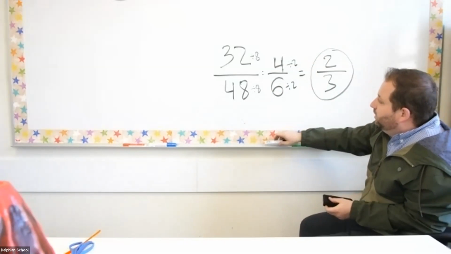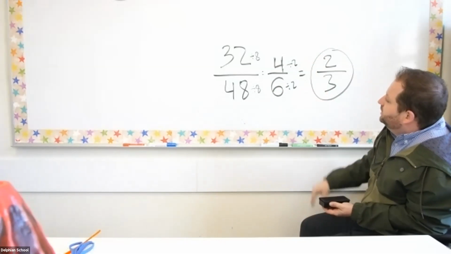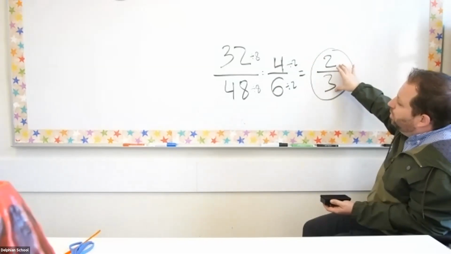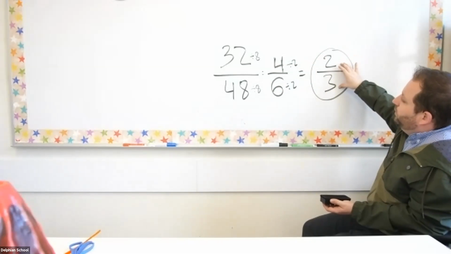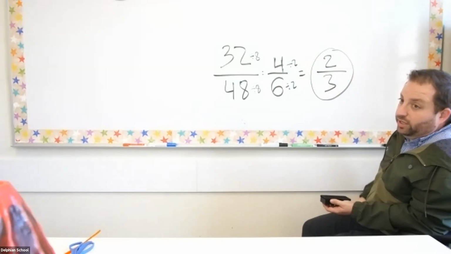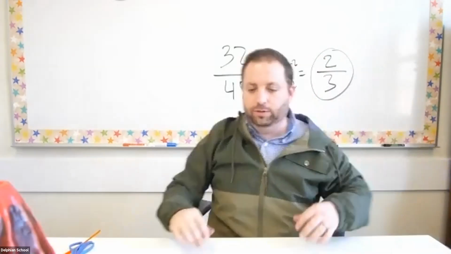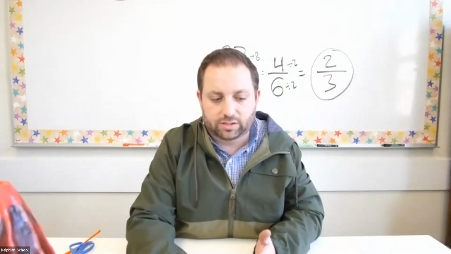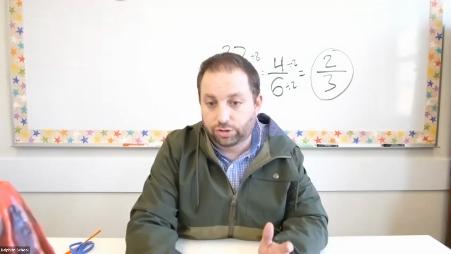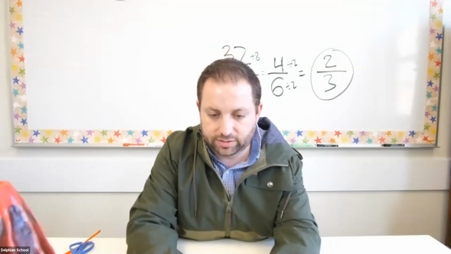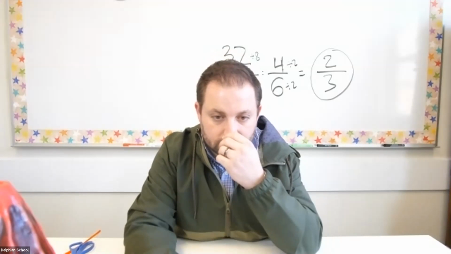So when we're saying lowest terms, all we're talking about is getting the fraction into the smallest equivalent fraction that we can. It makes it a lot easier to work with. People usually like to work with lowest terms because it's a lot easier to work with 2/3 than it is 32/48. Good.